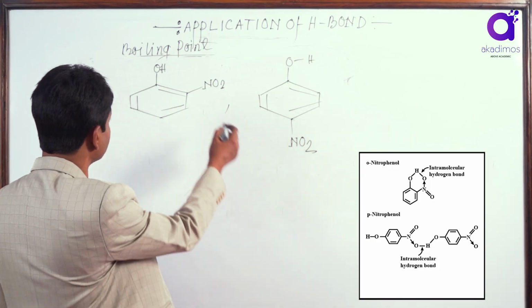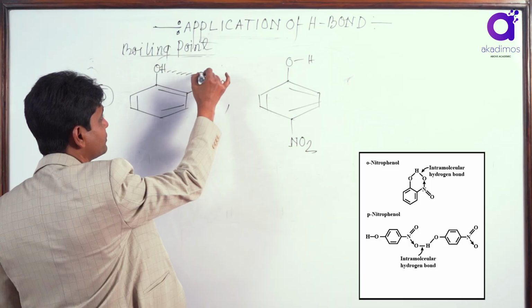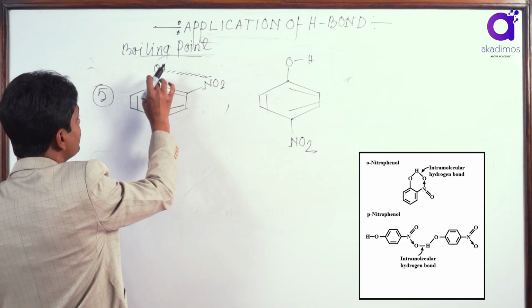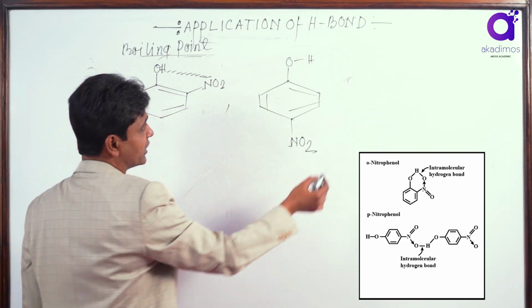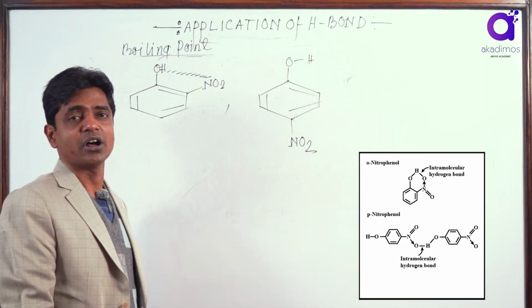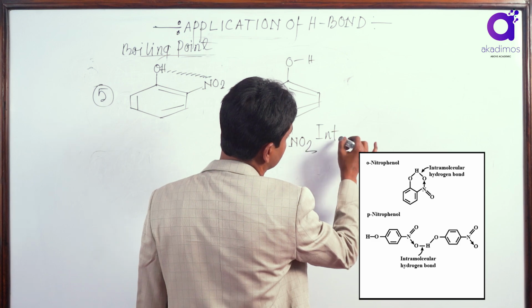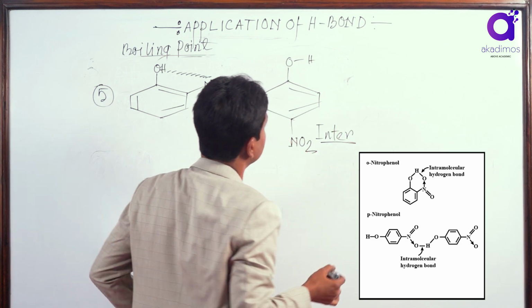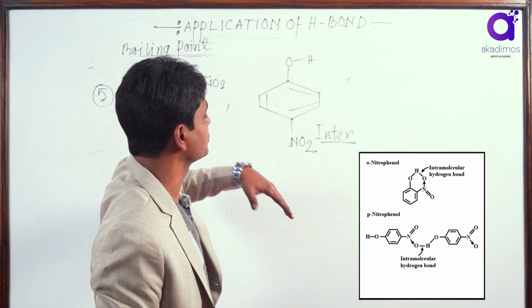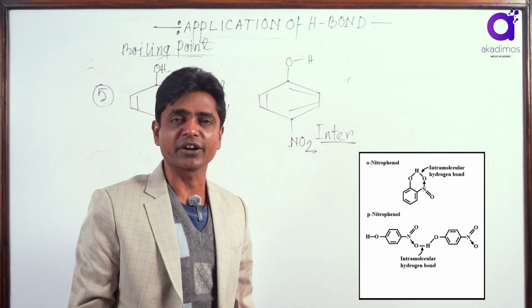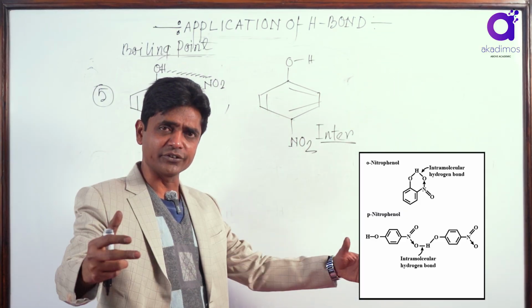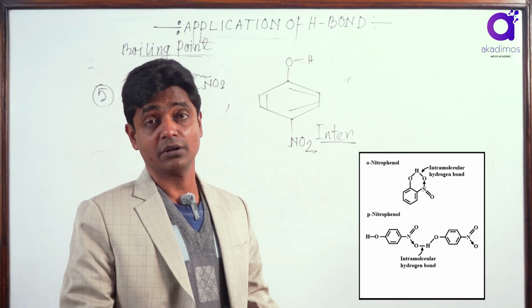But remember, here in ortho-nitrophenol you will get intramolecular hydrogen bond between H of OH and oxygen of the nitro group. Here in para-nitrophenol there is no question of intra; only inter is possible. That means this H will make hydrogen bond with another molecule of para-nitrophenol, and this oxygen will make hydrogen bond with another molecule of para-nitrophenol.